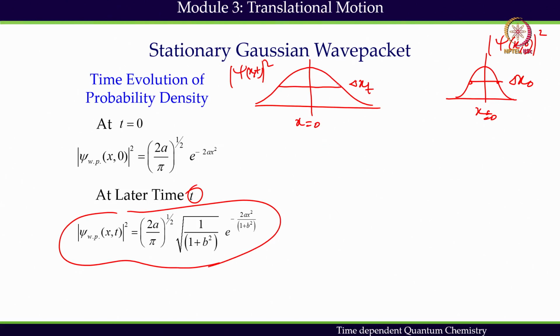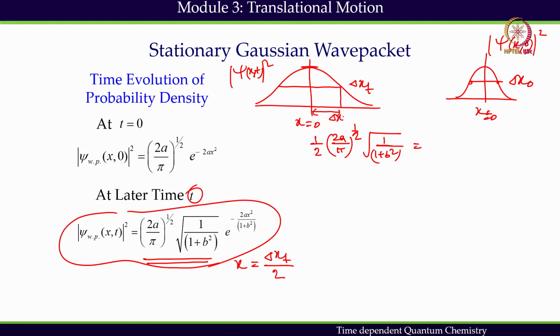So, by definition of full width half max, half of its maximum intensity is obtained when the x is delta x t by 2, because this part is delta x t by 2.